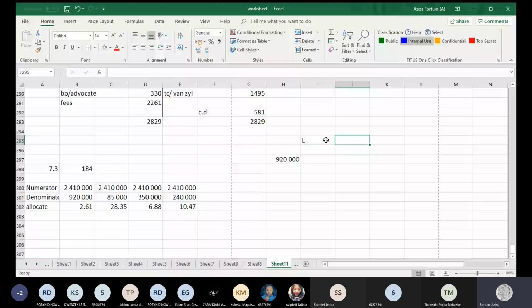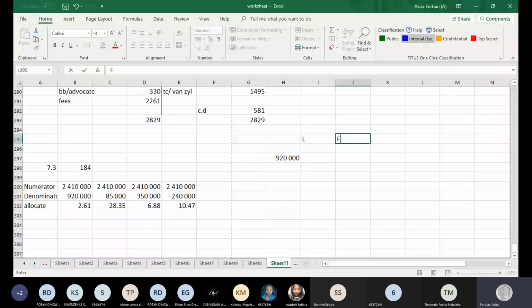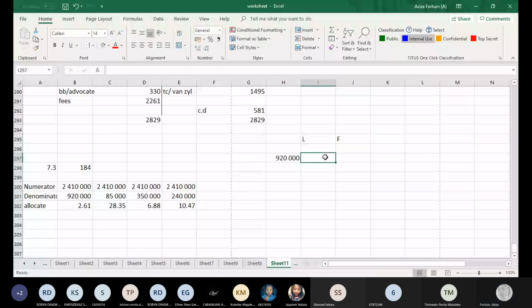Okay, so you have the large umbrella and your fold up umbrella. For the large, it is split at 370,000, and the fold up is 550,000. Our budgeted machine hours we said was 85,000, and they split it into 25,000 and 60,000.